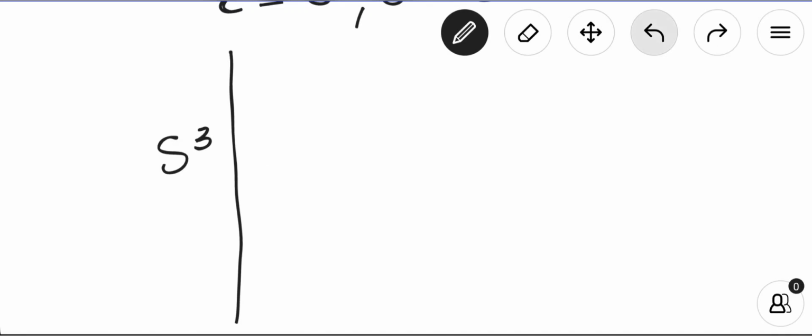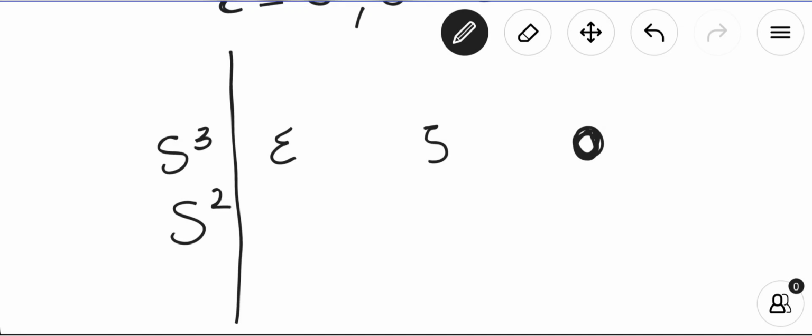So drawing out the table again, or let me just start from s cubed, substitute epsilon in place of 0, and 5 and then 0. If you complete the operation, the last value should be 0.